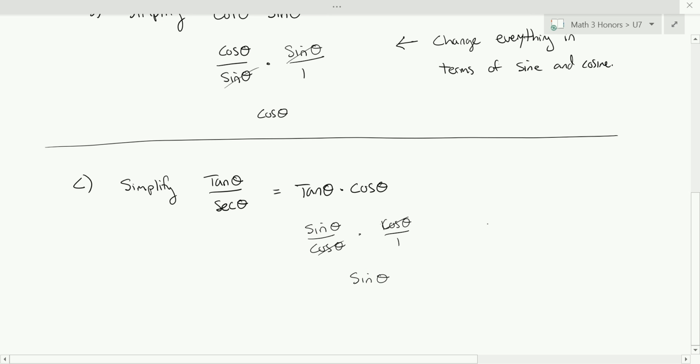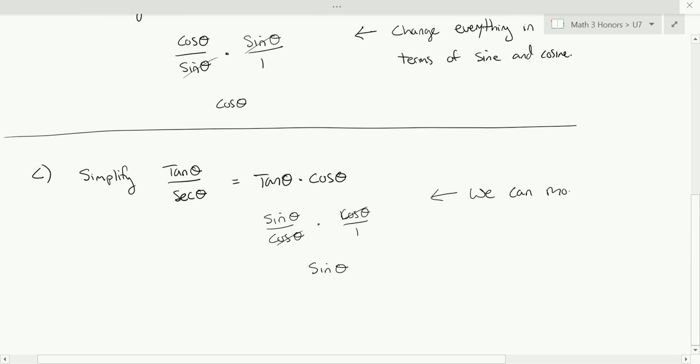And so here it works the other way. If for some reason you want a tangent to move to the denominator, you could do that and you can change it to what? Cotangent. So you can move these things to the numerator or denominator just by changing it to its reciprocal. So that's what I'm going to write here.